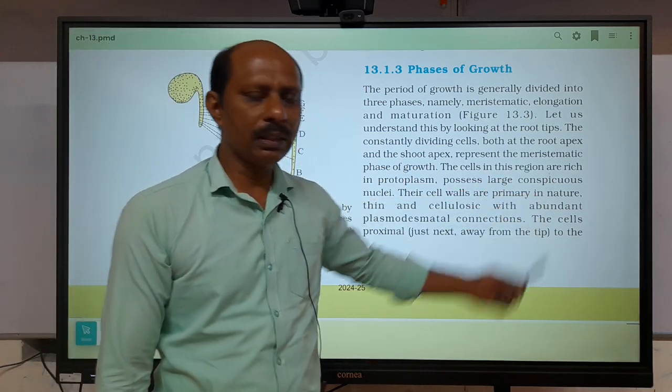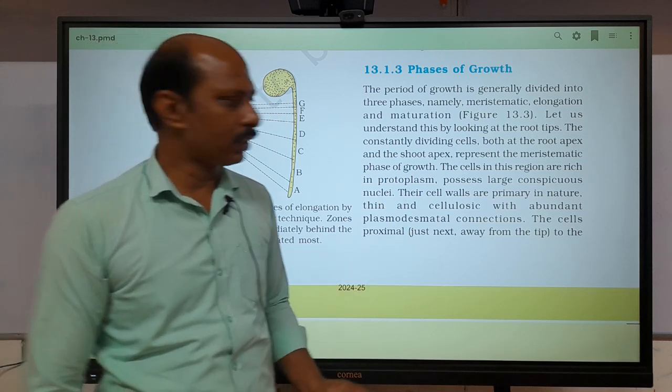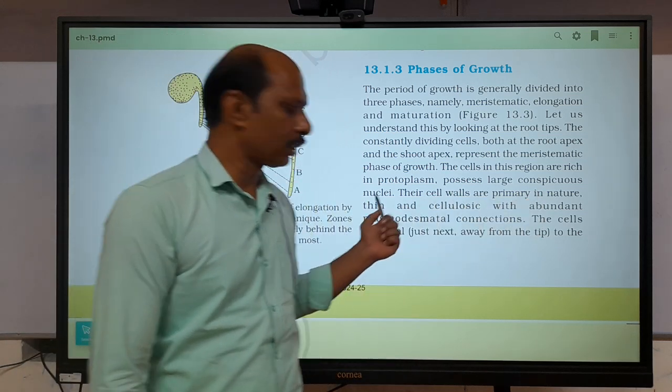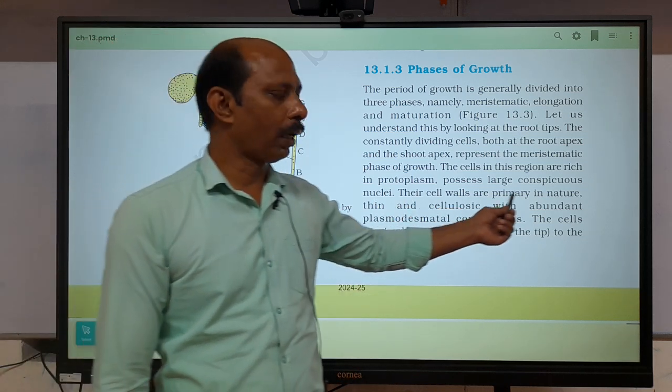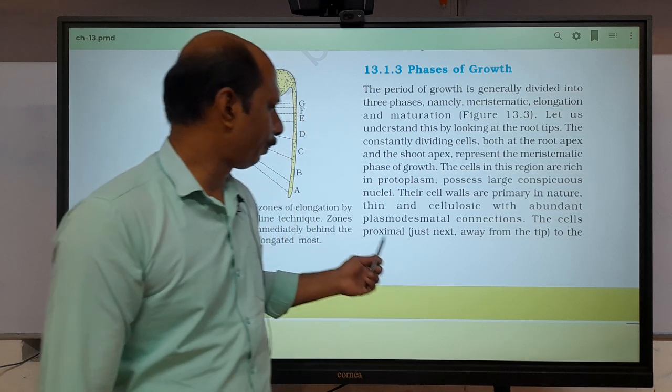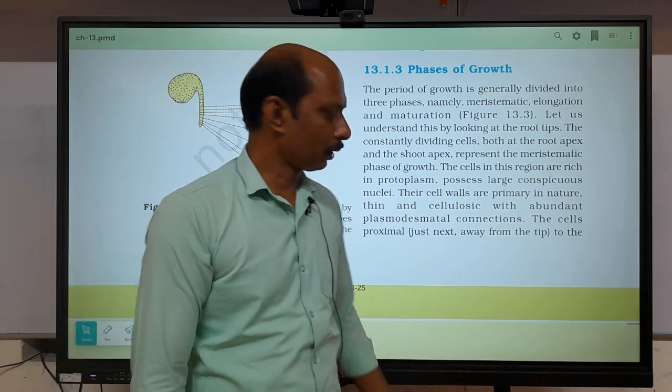The cells of this region are rich in protoplasm. No vacuole is there, no intercellular spaces are there, and they possess large conspicuous nuclei, because the most active nucleus is there. Their cell walls are primary in nature, thin and cellulosic with evident plasmodesmatal connections.